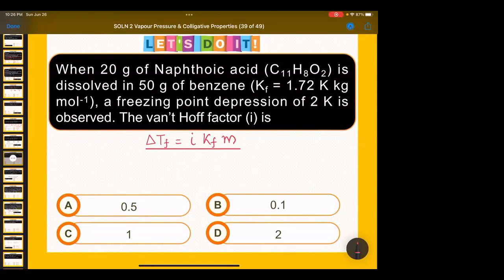But in order to get the moles, you need to calculate the molar mass, and the formula is very big. 11 carbon, 8 hydrogen, and 2 oxygen.